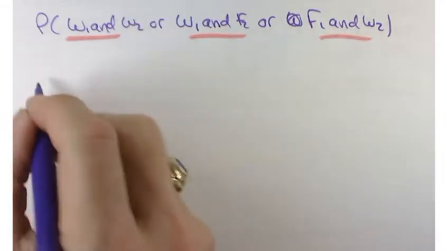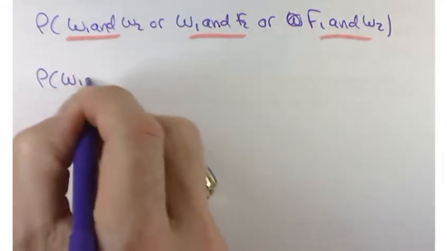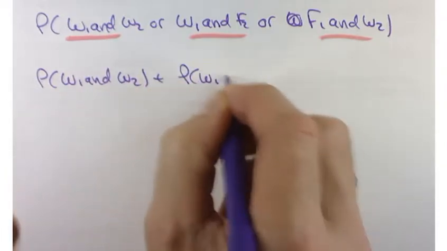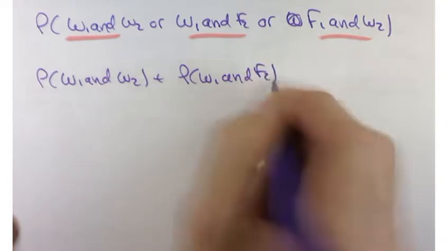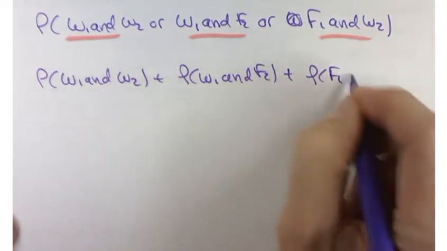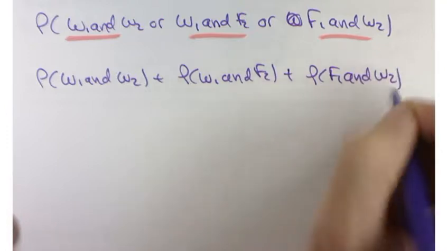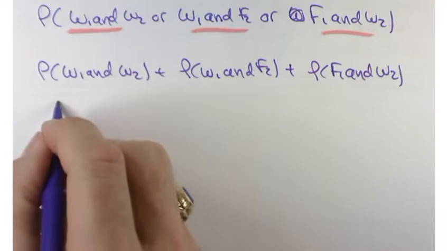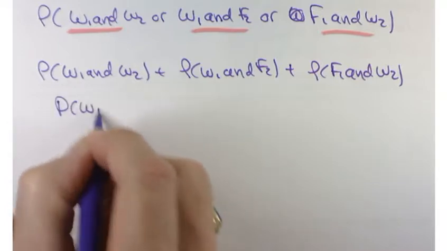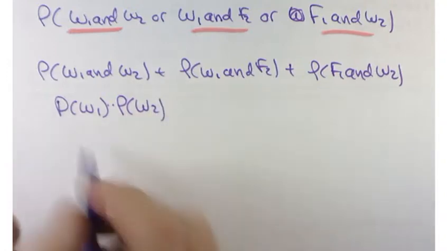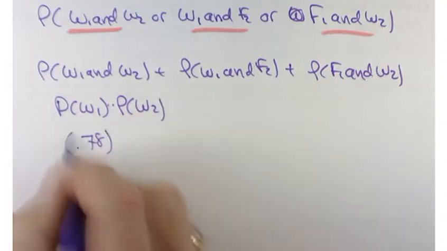So what would that be? It'd be the probability of W1 and W2 plus the probability of W1 and F2 plus the probability of F1 and W2. I'm thinking you might not want to do it this way on an exam. So this is the probability of W1 times W2. There's a 78% chance that they're both working.